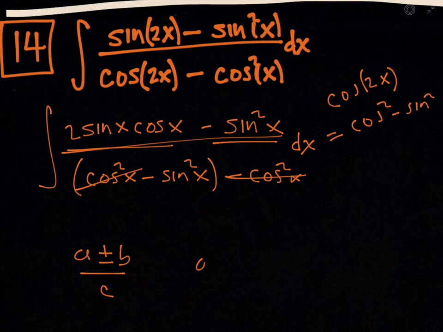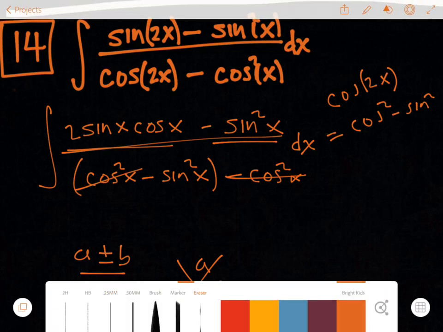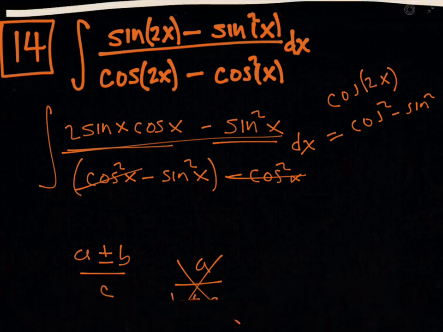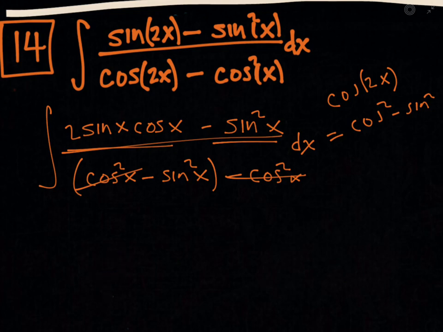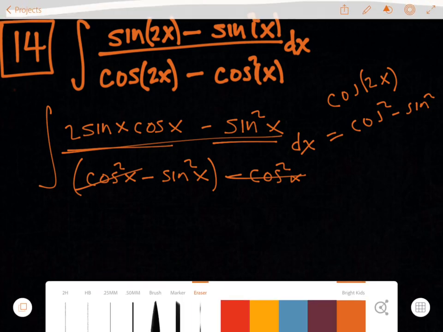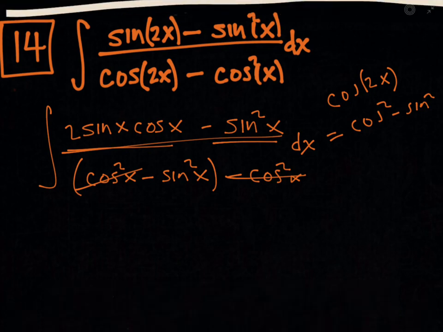But if I have A over B plus or minus C, I cannot split that integral, because it's not a quantity that you can split into two different fractions. A plus or minus B over C, you can split into A over C plus or minus B over C, but it's not the same the other way around. Awesome. Cool. So keep going with my nice orange here for fall, because it's that time of year.